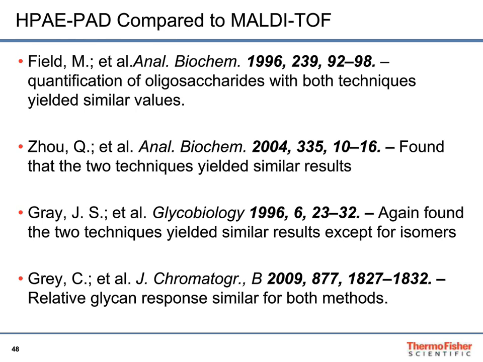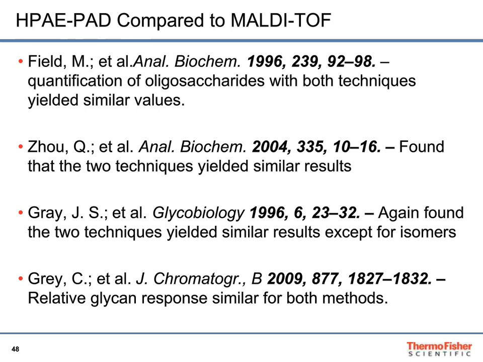So the electrochemical response and ionizing a carbohydrate is much different, but it turns out that they end up yielding a very similar response, and that's exactly what the other three papers said. Even most recently, this paper by Gray, another paper that used low concentrations of hydroxide to separate those high-mannose oligosaccharides, also found that both had similar response.